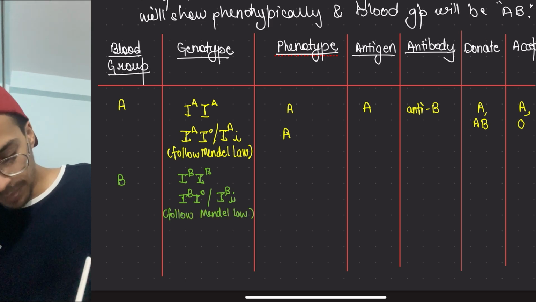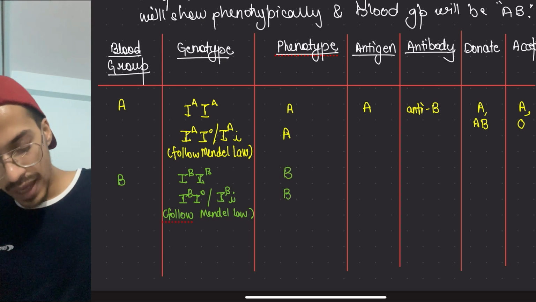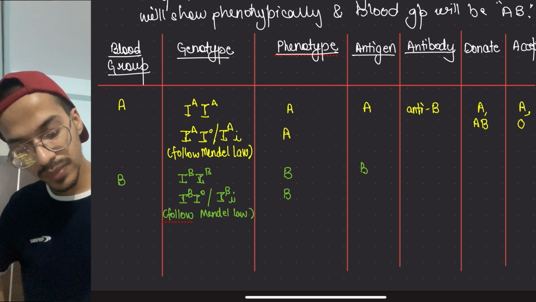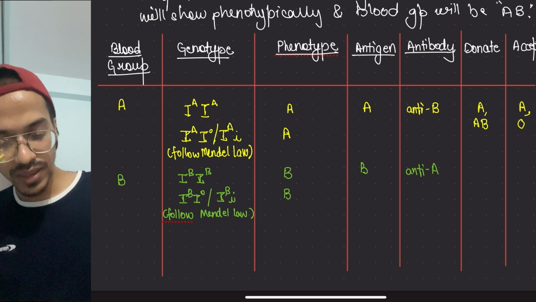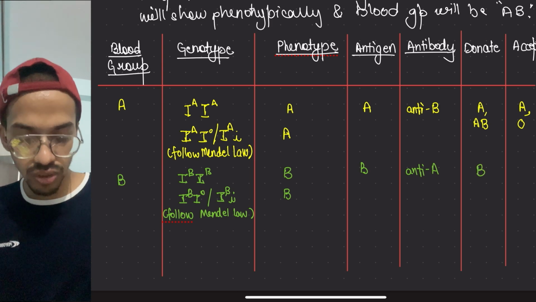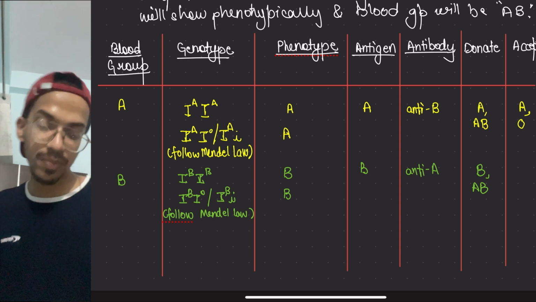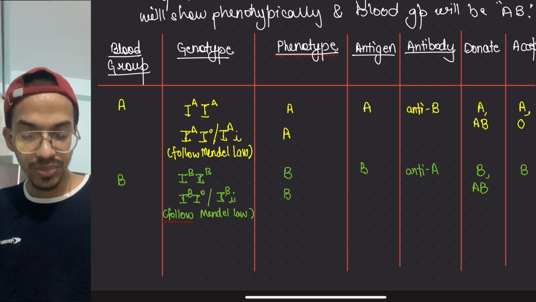Whatever be the condition, the phenotype would be B. Antigen is also B. Antibody would be the opposite, that is anti-A. It can donate to itself, B. It can also donate to AB blood group, whereas it can accept blood from B and from O.